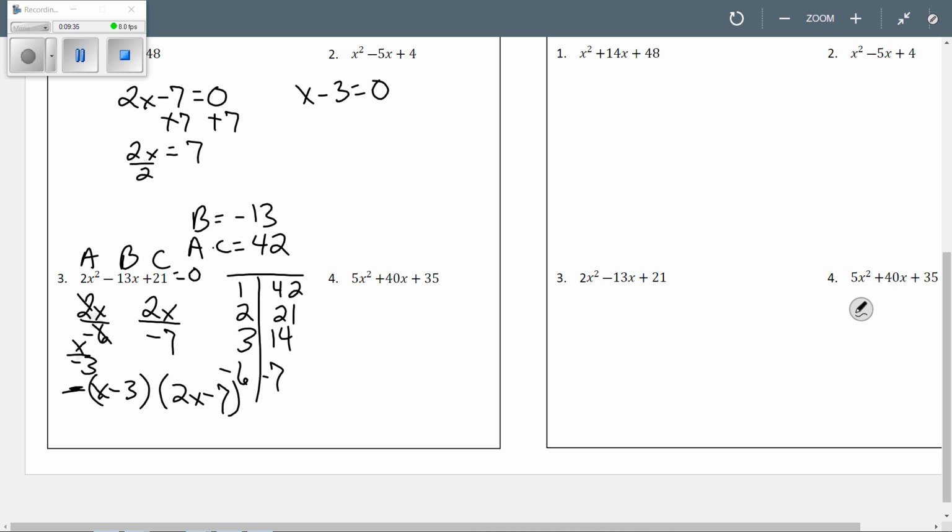Then divide by 2, x equals 7 over 2. Don't worry about it. Yes, sometimes you might get fractions. Over here, the right side is easy. Just add 3 plus 3. X equals 3. So our final answer for number 3 is 7 over 2, comma 3.